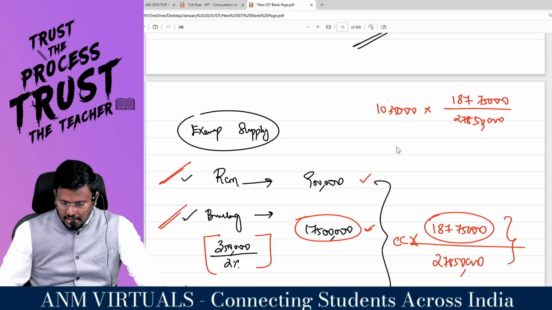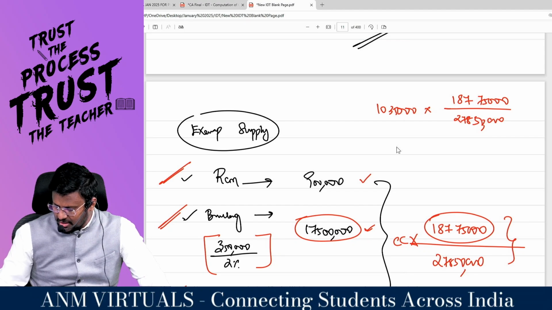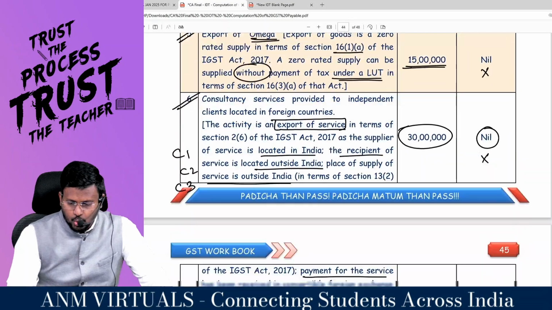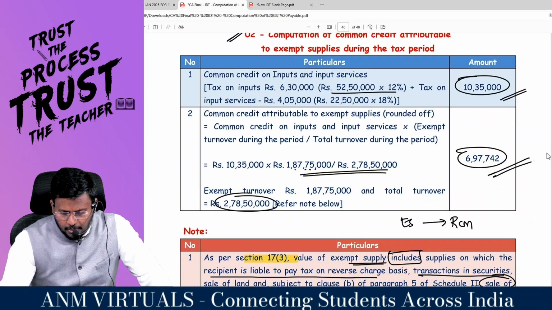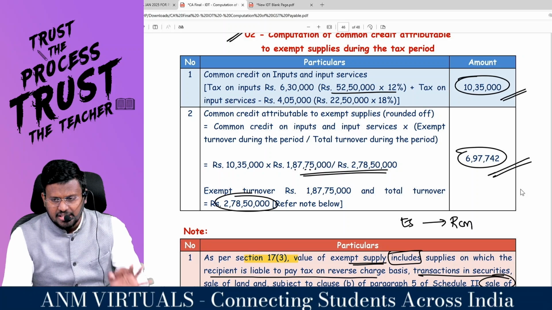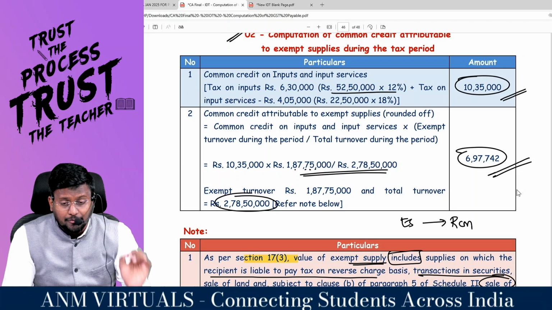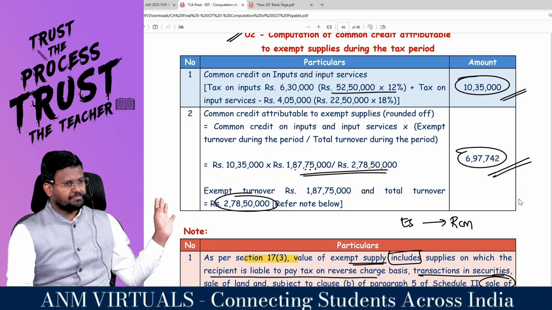On the calculator, you will end up with the share of exempt turnover coming to 6,97,742. That you have to put in the dustbin.